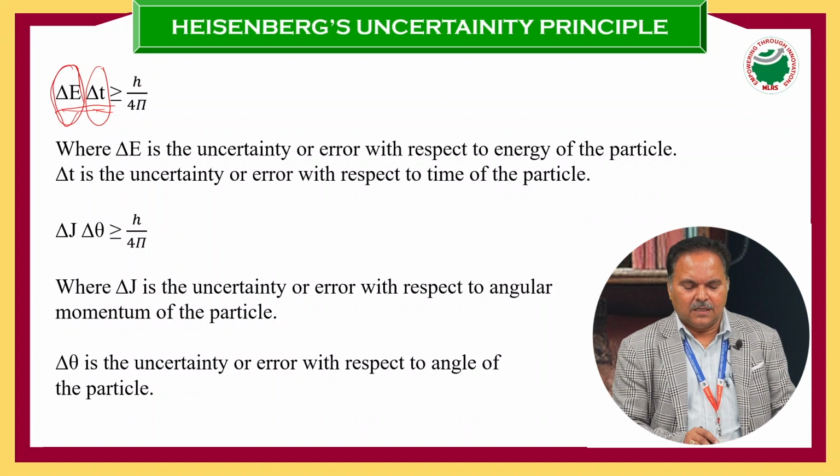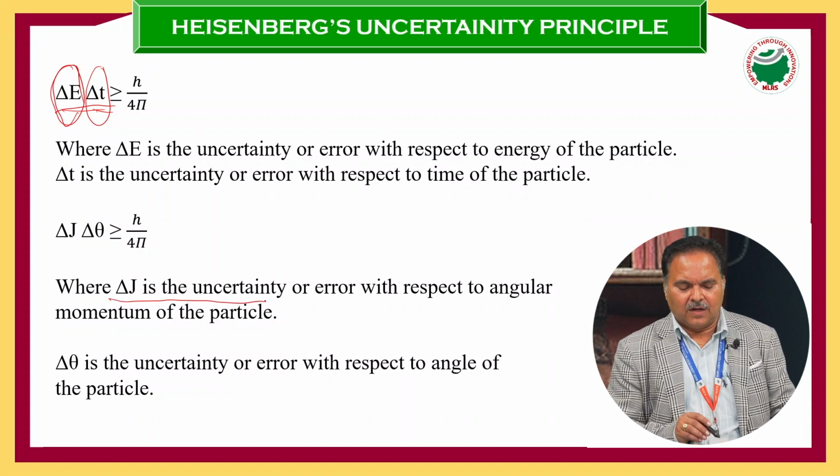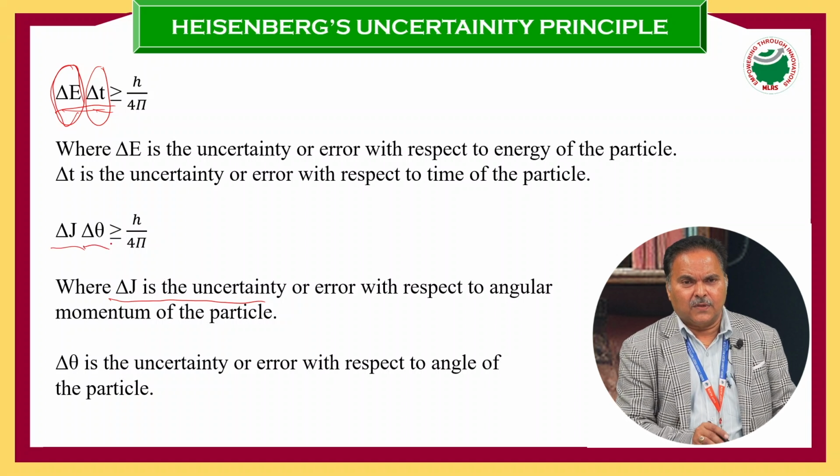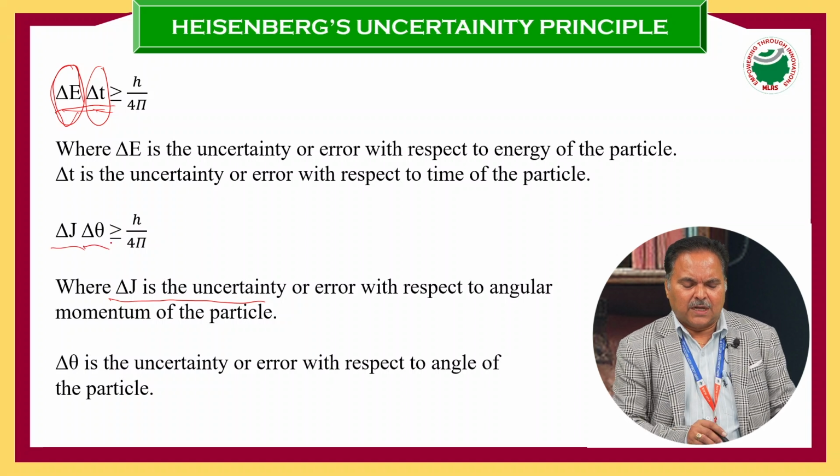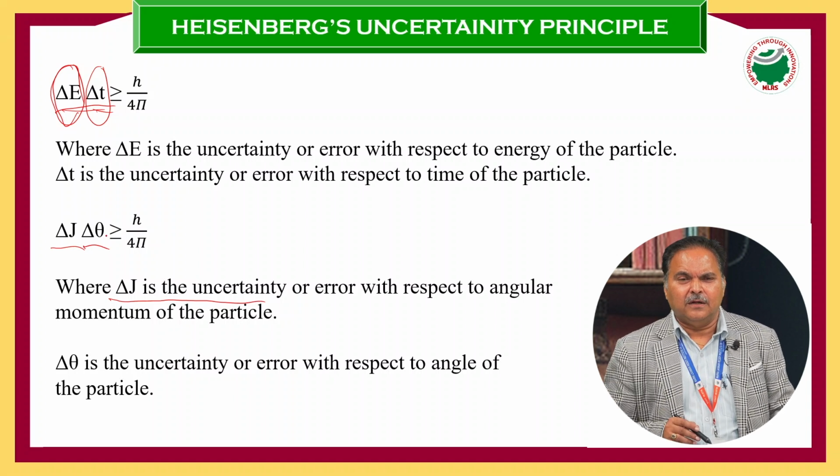Similarly, there is angular momentum. Delta J is the uncertainty in angular momentum and theta is the angle. If you measure delta J accurately, there is a possibility of error in the angle, delta theta.